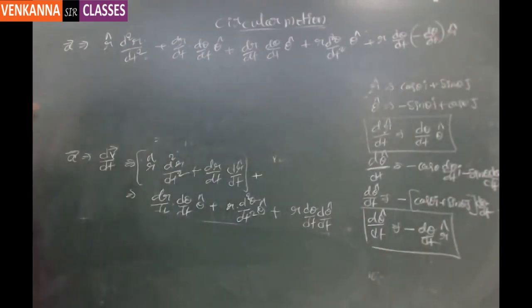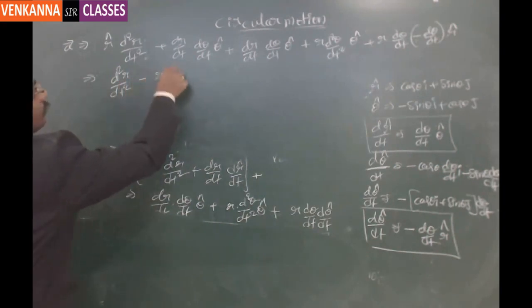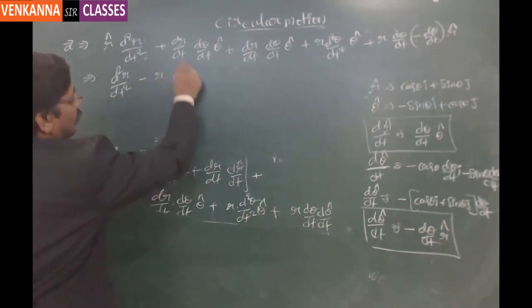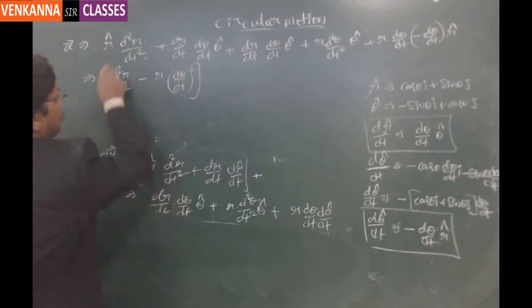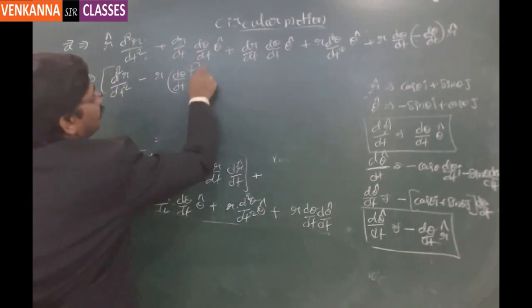So if you simplify this, the r cap part you can specify as d square r by dt square minus r into d theta by dt whole square. This is the r cap part of it.